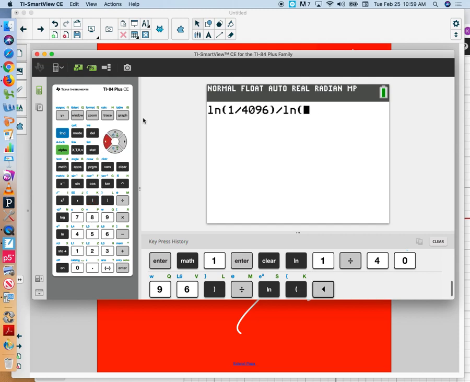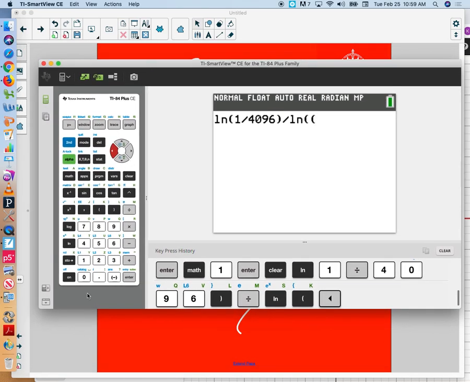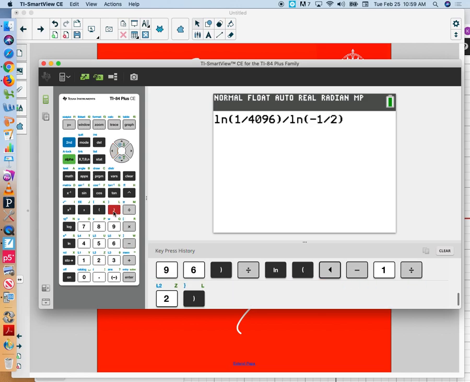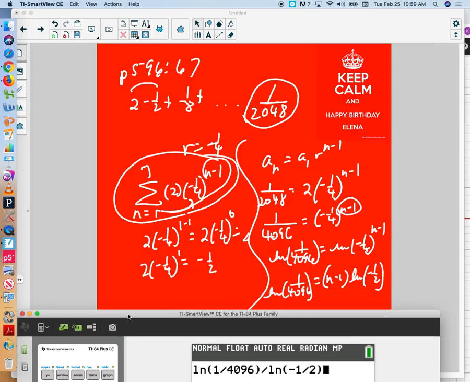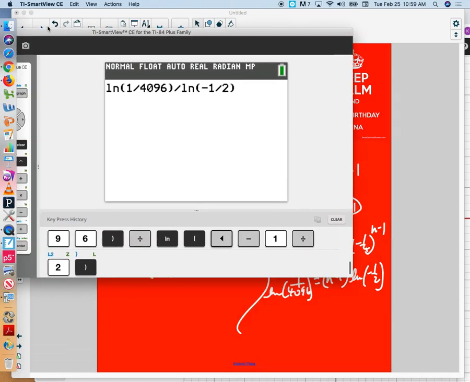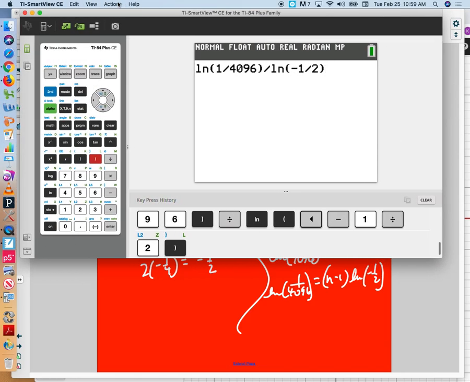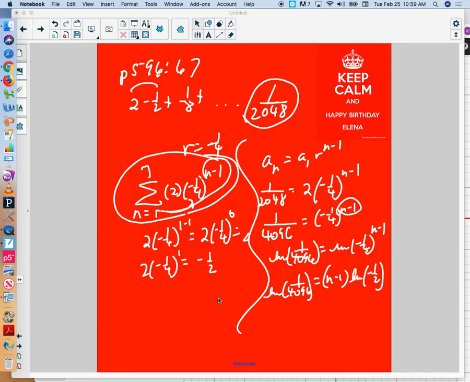Negative 1/2. Why is it negative 1/2? Did I write that right? Oh, God, I'm sorry, girls. My numbers are all morphing into something else. Sorry about that. Let me go back to this real quickly.